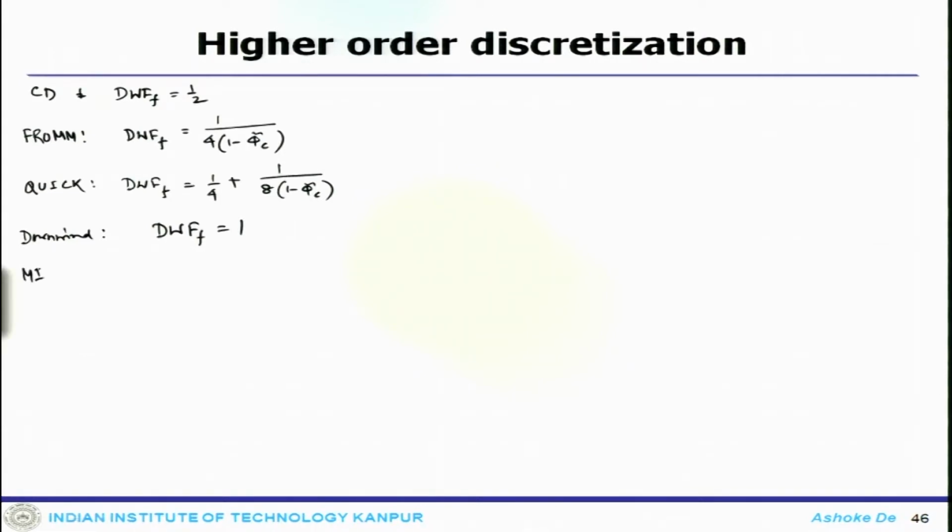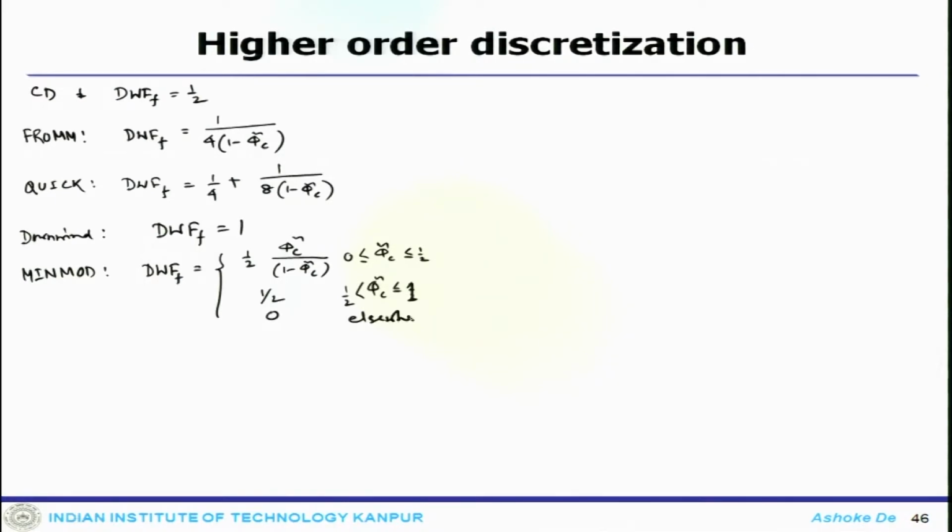If you use MINMOD, then the DWF factor will have 3 different segments: half of phi c tilde into 1 minus phi c tilde, that is for phi c tilde lying between 0 and half; once phi c tilde lies between half and 1, it is half; and it is 0 elsewhere.